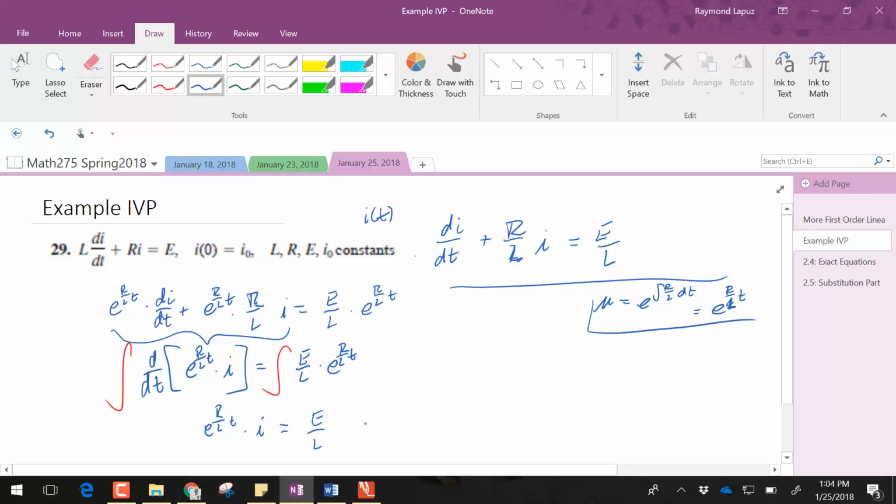So the antiderivative is going to be e to the R over L t divided by R over L. After you do u substitution, right, that constant will just come out. So you simplify a little bit, and then you solve for I.